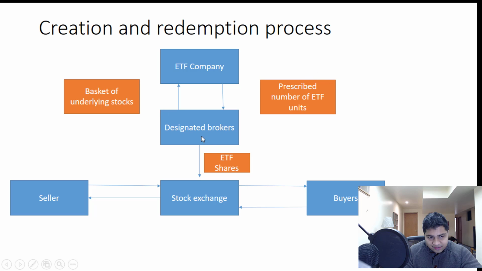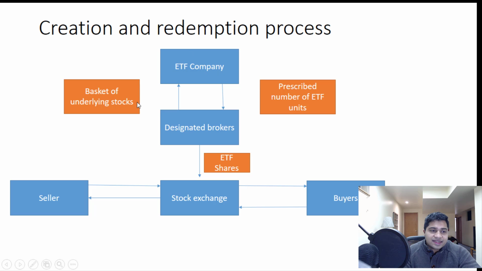The designated brokers will go out in the market and either buy those shares from the stock exchange, or they will borrow those shares from the exchange. So either they buy or they borrow. So they have $500,000 worth of shares, ETF has $50,000 worth of units, and then they exchange.